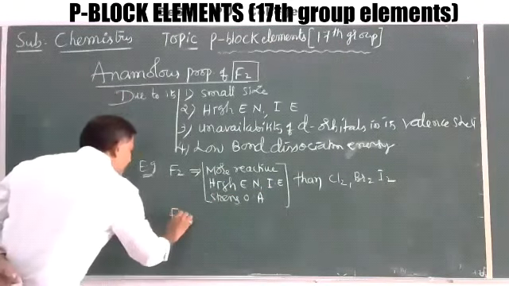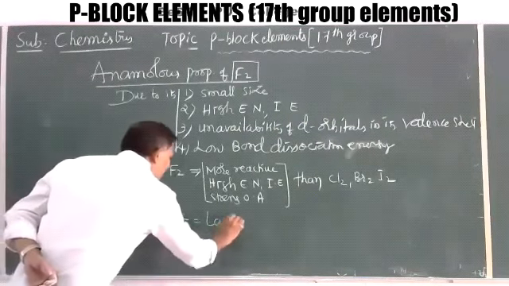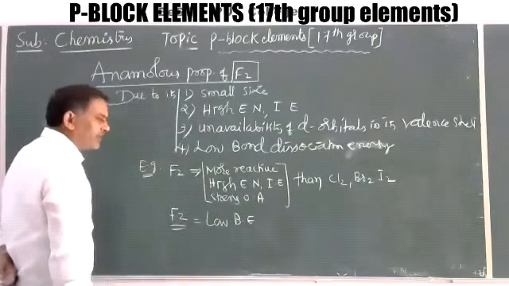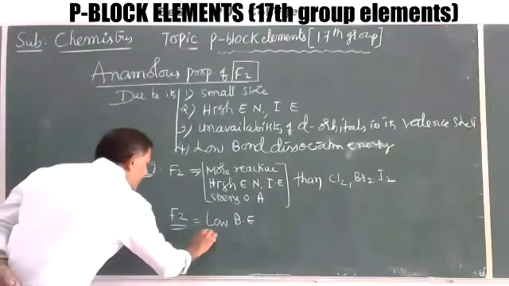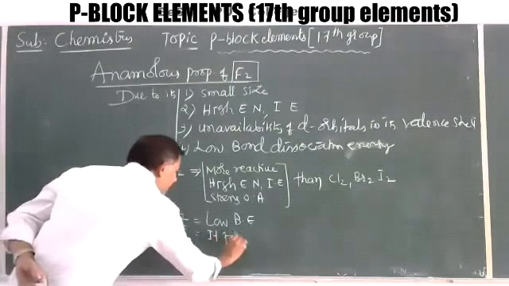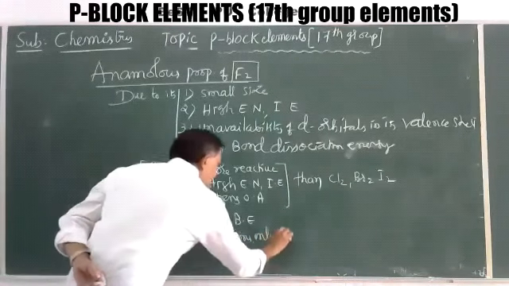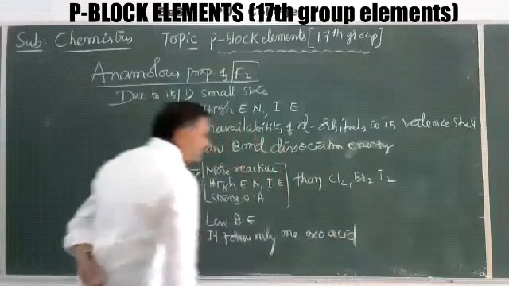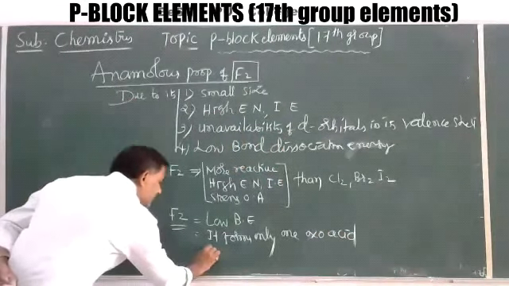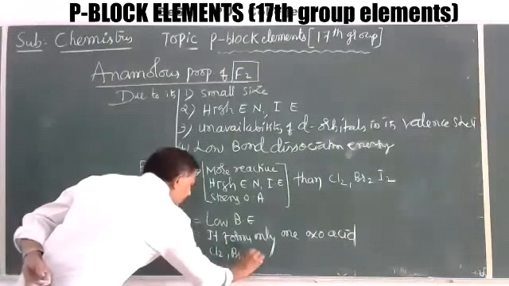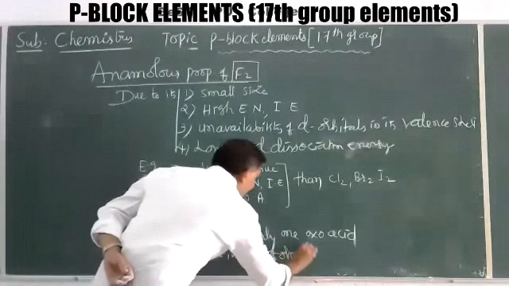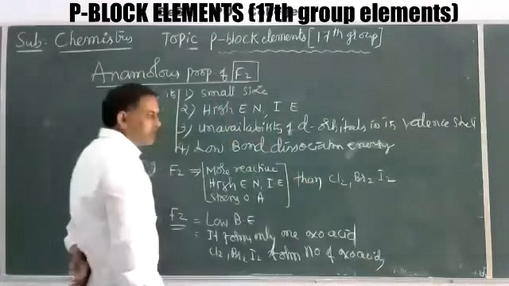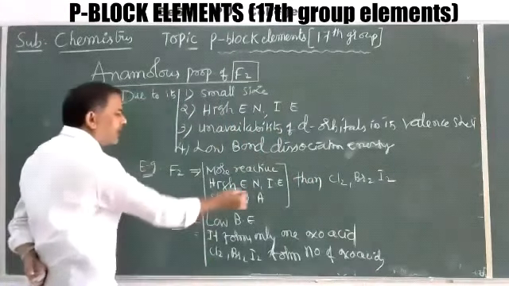But compared to the other elements, fluorine has low bond dissociation energy, so the energy is very, very less, and it forms only one oxo acid, whereas the other elements Cl2, Br2 and I2 form a number of oxo acids. So there are some important differences with the other members.